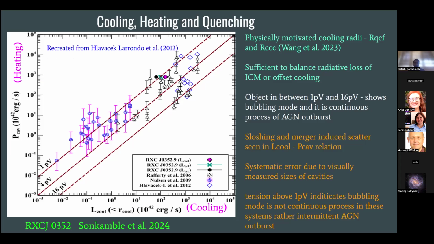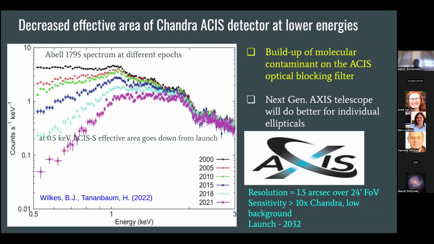So one problem associated with that is why individual ellipticals are so little studied for AGN feedback. It is because Chandra's effective area at low redshift has drastically gone down since launch.